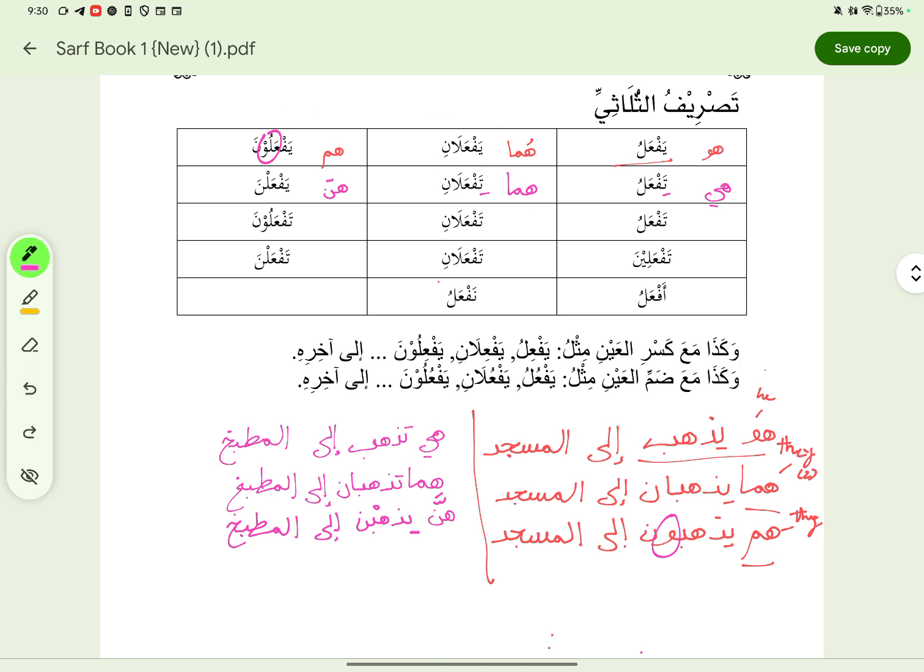For yaf'aluna, it will be yaktubuna. And for female, you'd have taktubu, taktubani, taktubna. That's essentially how the forms identify male and female. The ones that we will focus on the most are these two here.